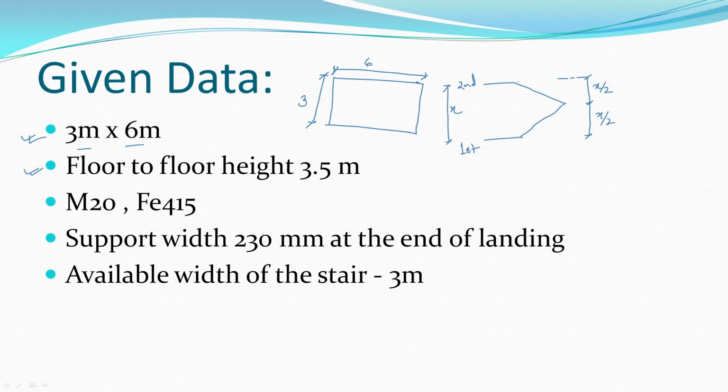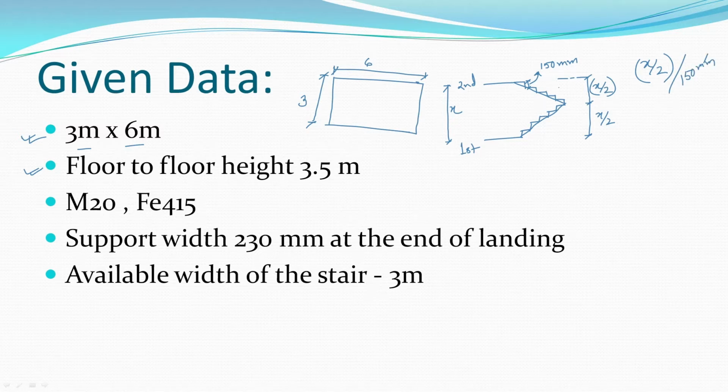Now here we need to provide the riser and tread in this way. Considering the height of each riser, suppose we consider the height of each riser is 150 mm. So if we get the total height of each flight, we just divide the value by 150 mm.